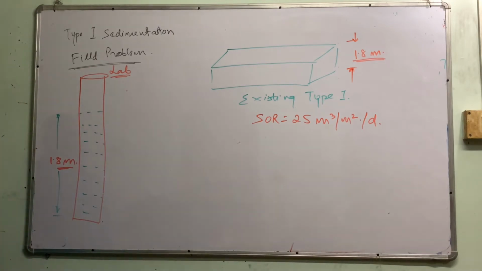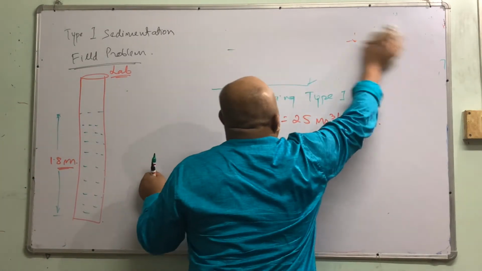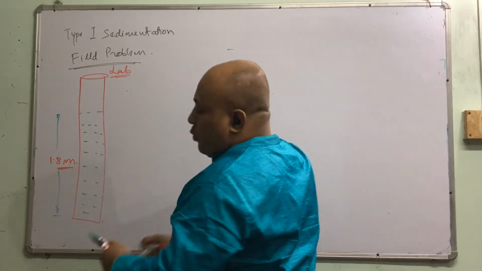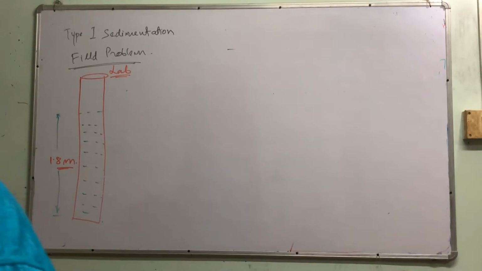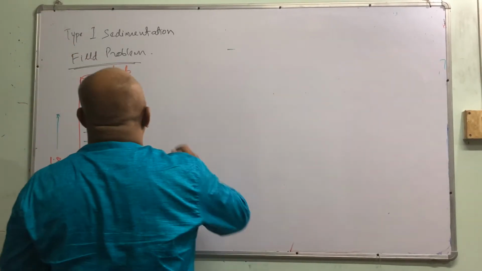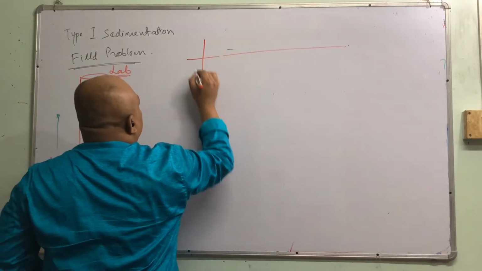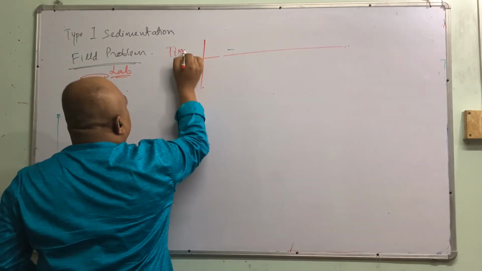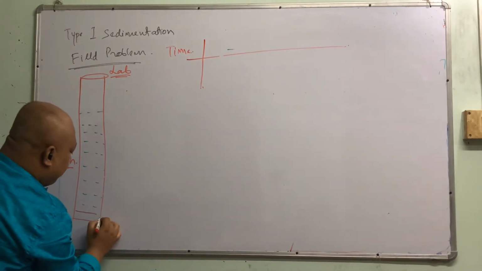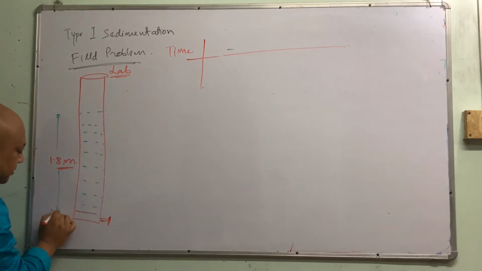Okay. Now the question is clear. What you have to do in the lab observation is a very simple thing. This is the time. You collect the sample from the bottom. But mind you, this will be completely up to here.